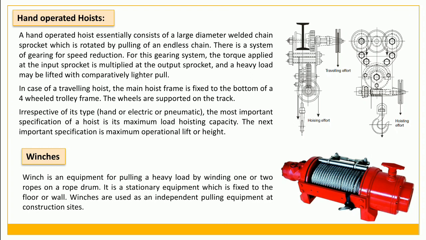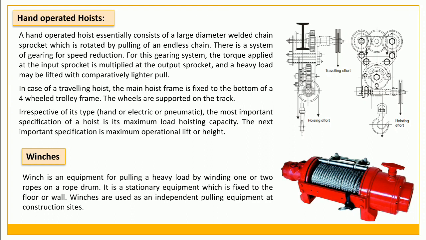A hand operated hoist essentially consists of a large diameter welded chain sprocket, which is rotated by pulling an endless chain. The sprocket is connected to another small chain sprocket through a system of gearing with large speed reduction. The gearing may be a planetary spur gear system or a worm wheel arrangement.